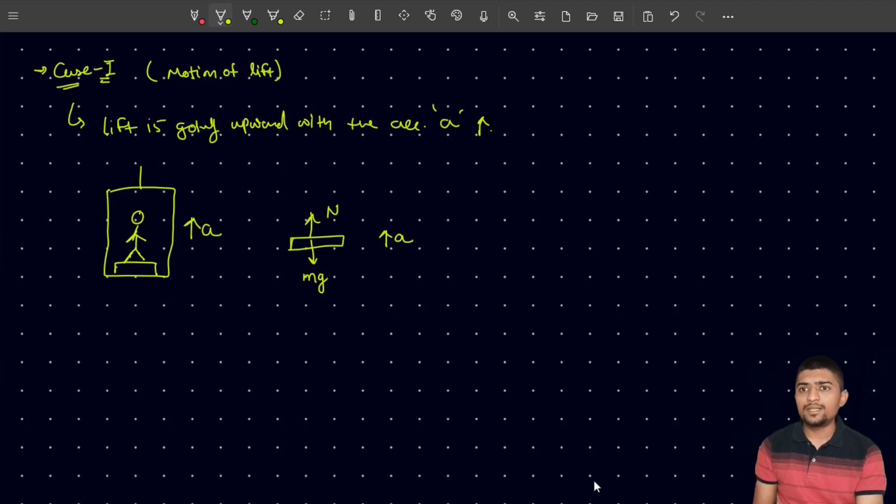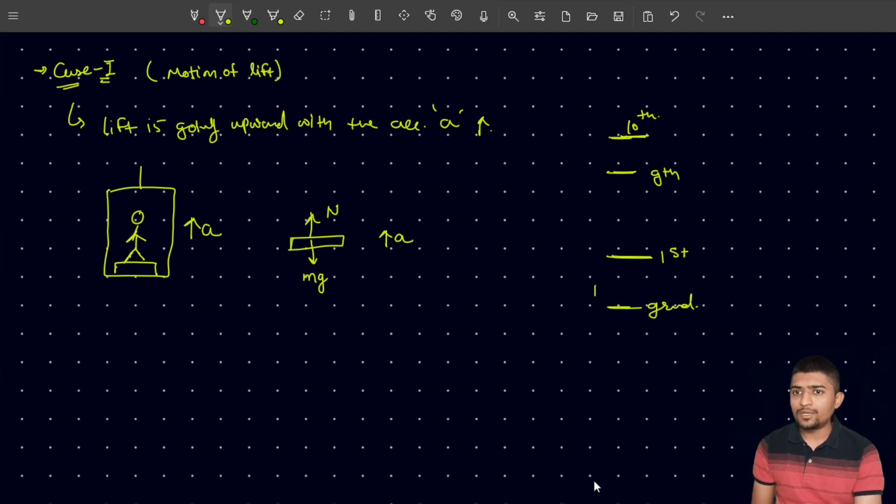So it is the condition of, let's say, a 10th floor building, and we are at the ground floor. The lift is going to the first floor, and here it is the 9th floor, and we are going to reach the 10th floor. So let's have a look at this condition. The lift is at the ground floor, at rest.